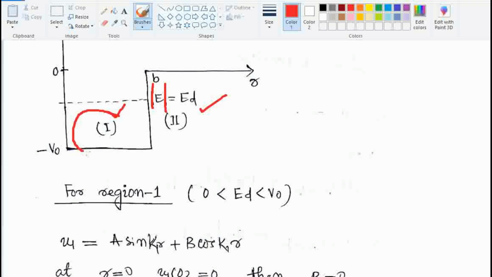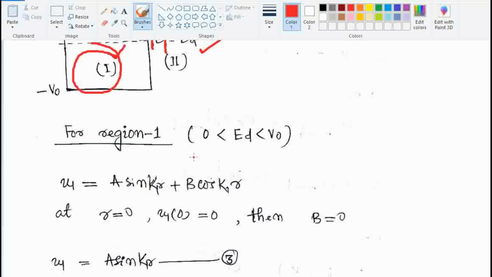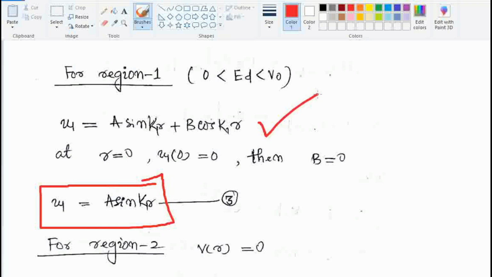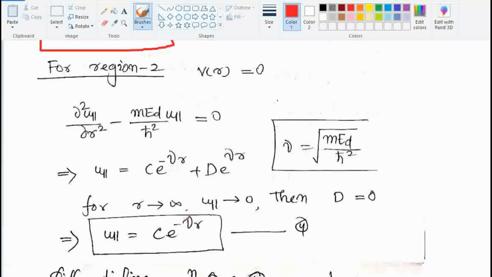So for this region 1, the value of the wave function is this. After using all those boundary conditions, you will get this. This is for region 1, and for region 2, this is the wave function. You have to take all those conditions, for example at r equal to infinity, your wave function should be 0.